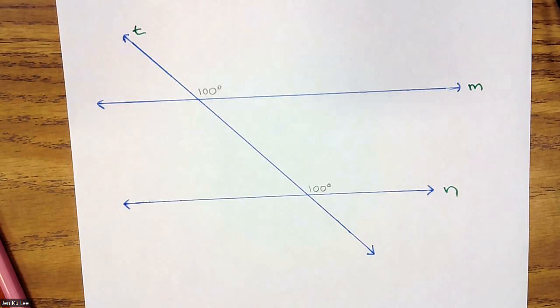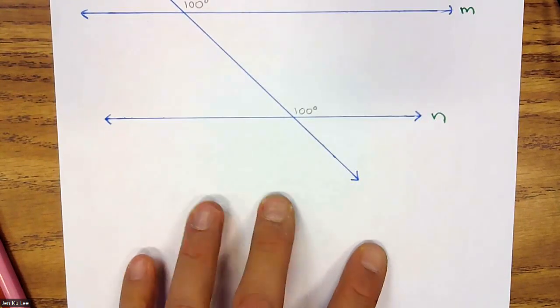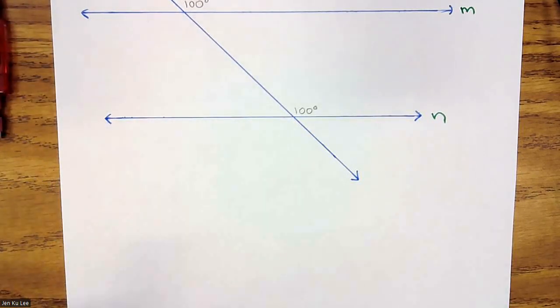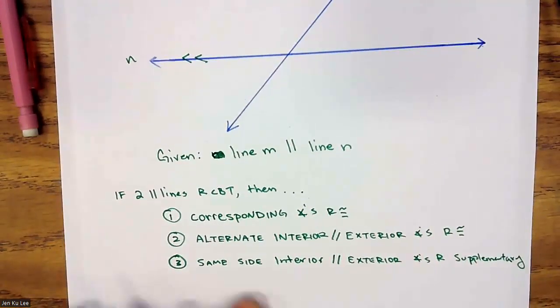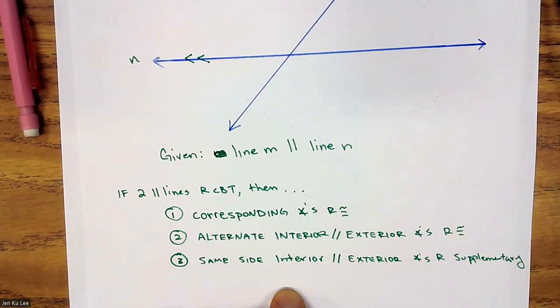So today our rules, or our theorems, are going to be the flip version of what we learned yesterday. We don't know that they're parallel yet. Remember, our if statement last time was if two parallel lines are cut by a transversal, then I have all of these.